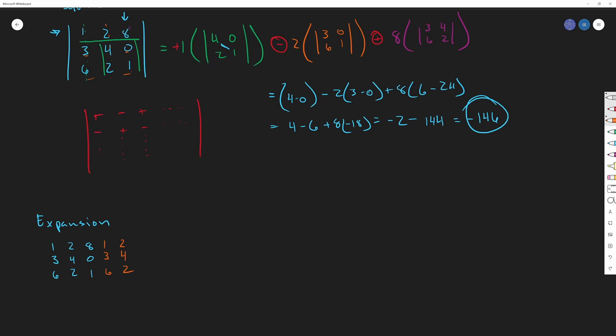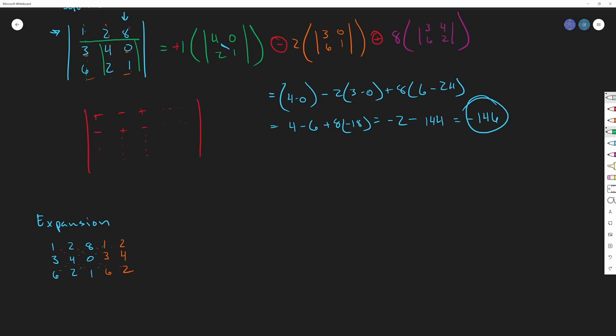And then what we're going to do is multiply the diagonals, and then subtract it from the diagonals going from right to left, or left to right, or from top to bottom, and then from bottom to top.